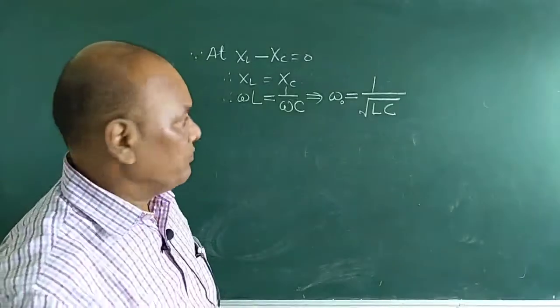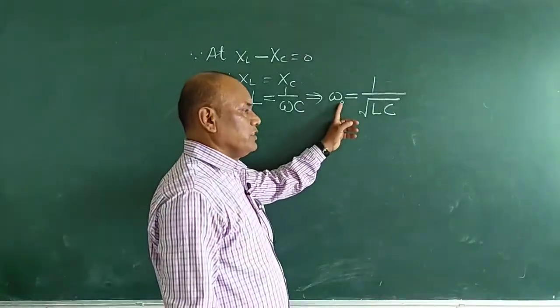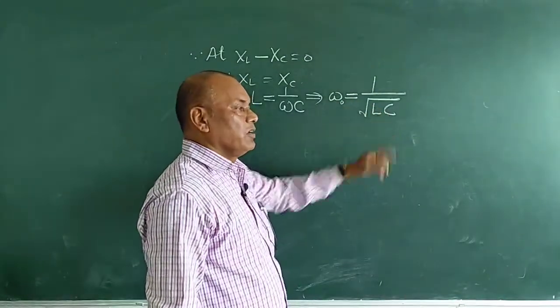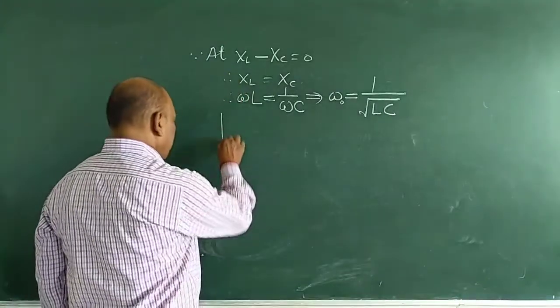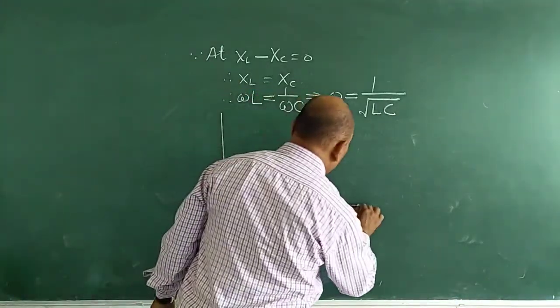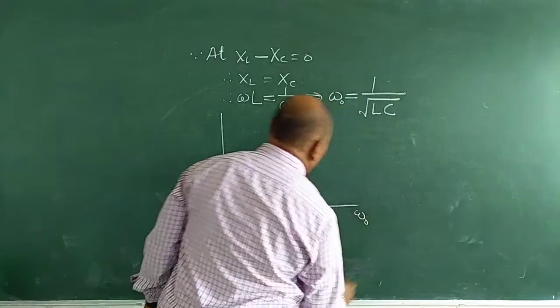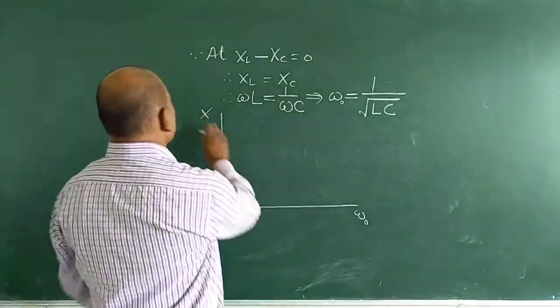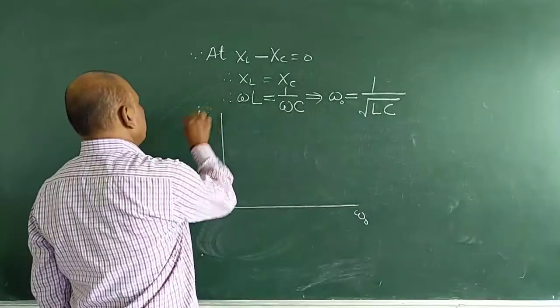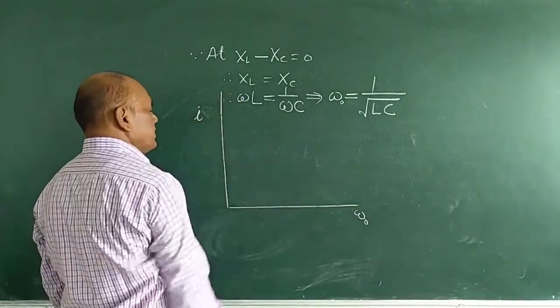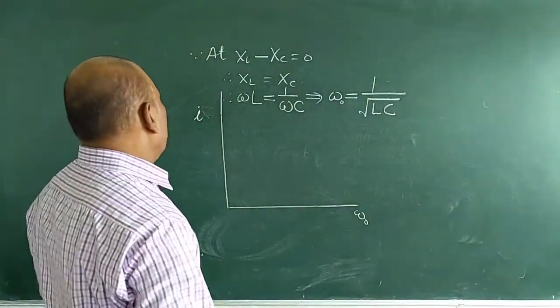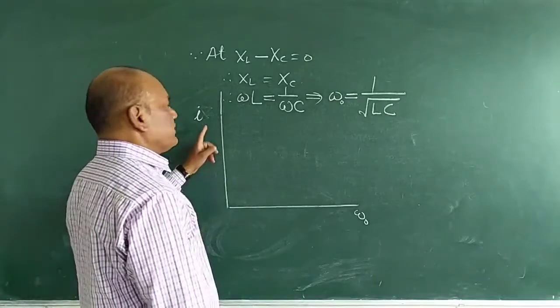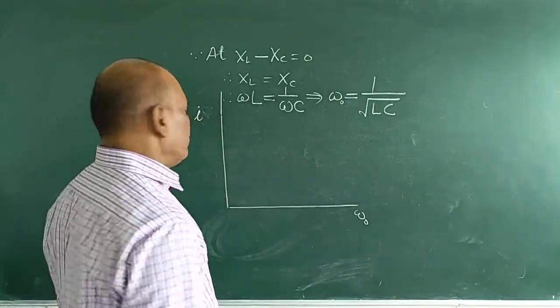Now when omega 0 is equal to 1 by under root LC, then in the relation between omega and current, we obtain its maximum value.